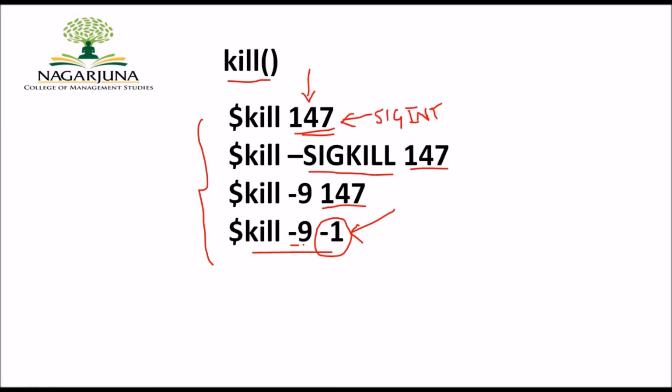Here -9 is the signal number which indicates SIGKILL, followed by -1, which is not a signal number, rather it indicates that a super user has initiated the signal -9 to terminate your processes without making any changes. So this is about your kill system call.